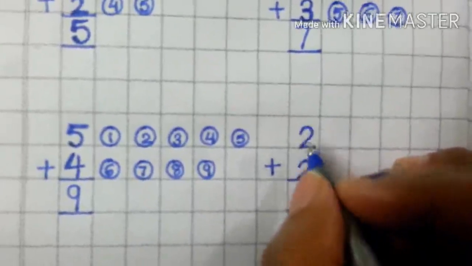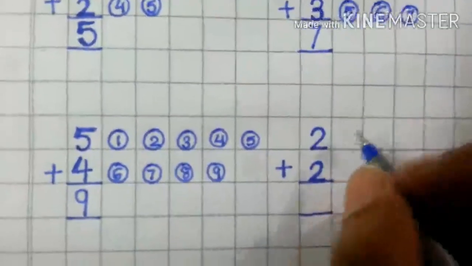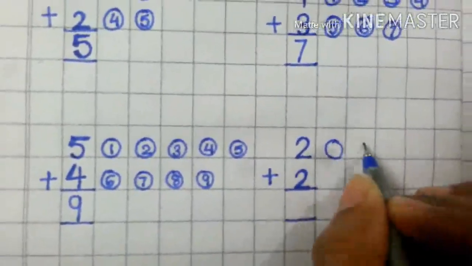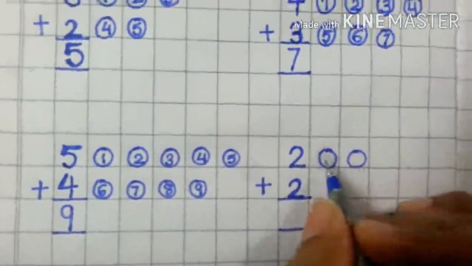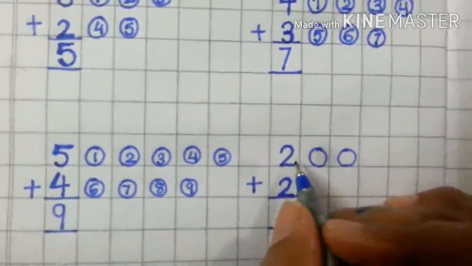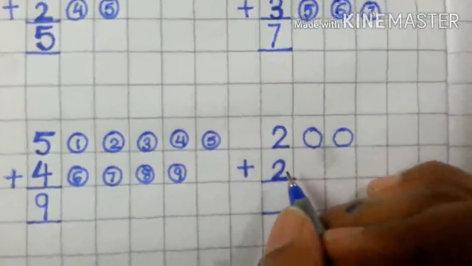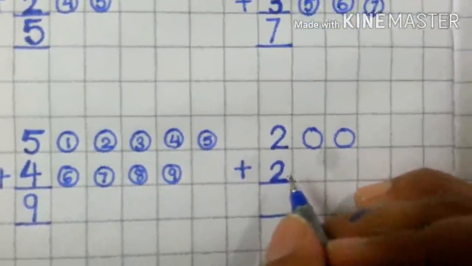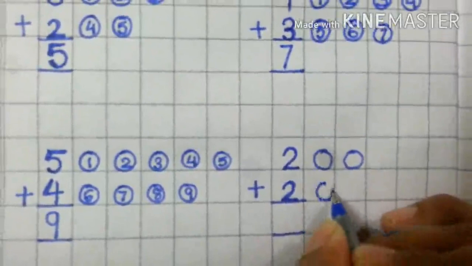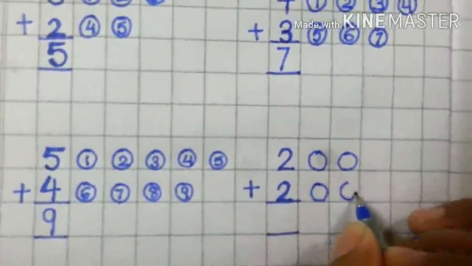How many marbles we will draw for number 2? Only 2. So draw 1, 2. 2 for number 2. Now come to next 2. Again for 2 we will draw 2 marbles. 1, 2.